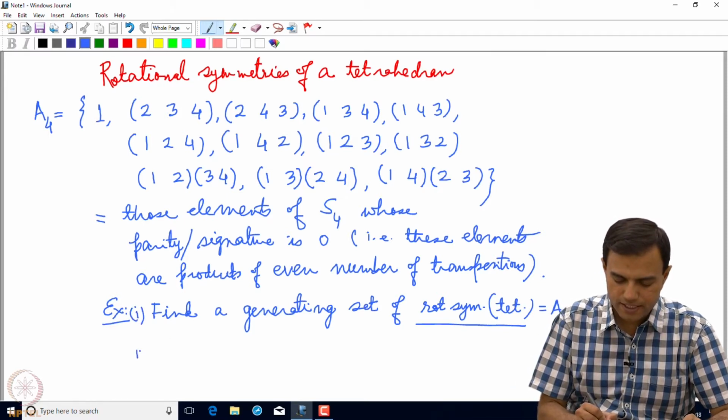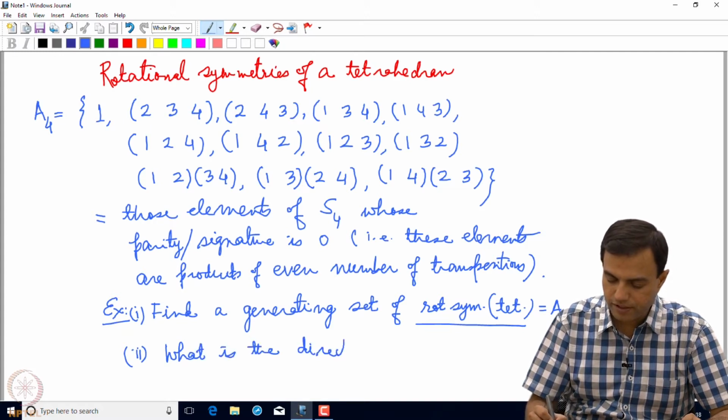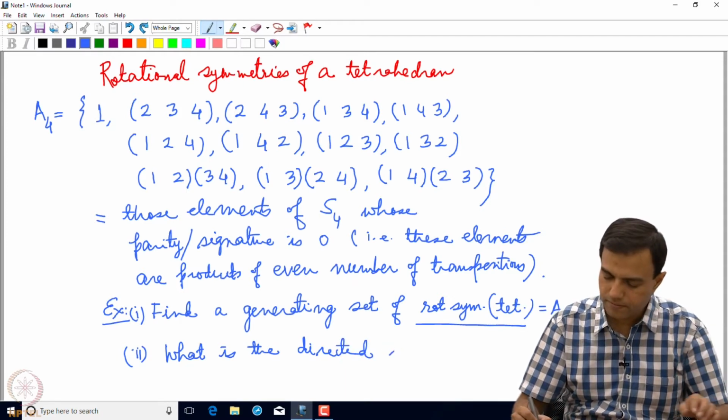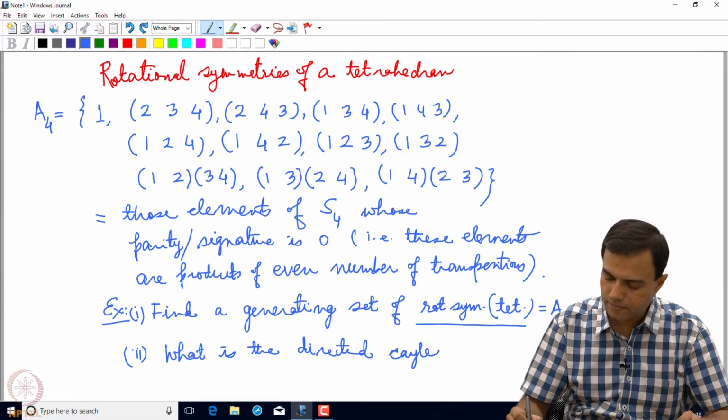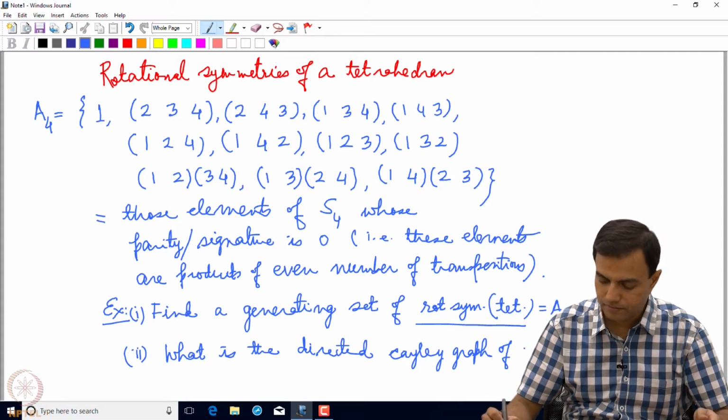And the second exercise would be finding the Cayley graph, or a directed Cayley graph, of this group.